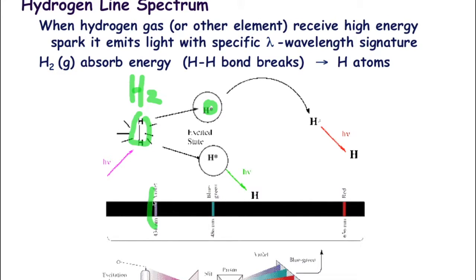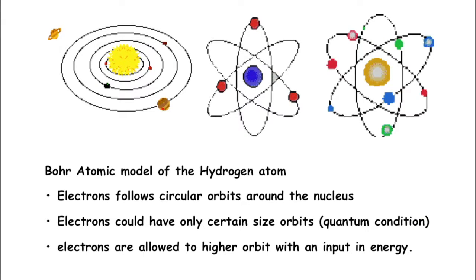And the question is, what gave rise to this specific light? The answer is based on how the electrons are arranged in the atom. So Bohr looked at this and said, I think I can explain this atomic line spectrum. I can propose a theory.